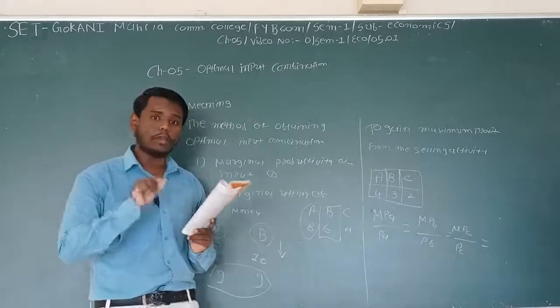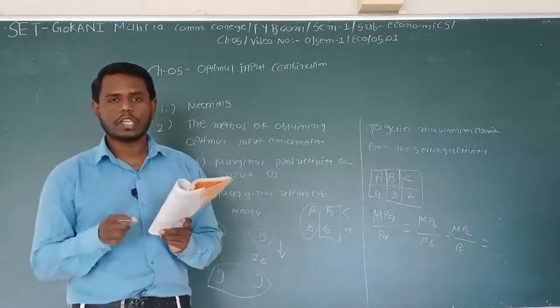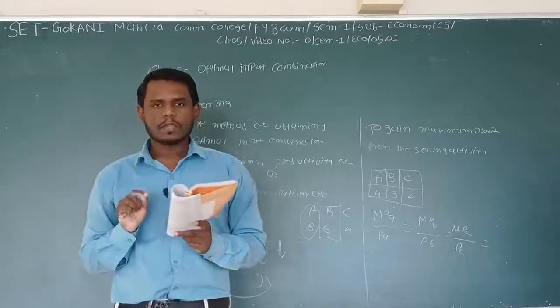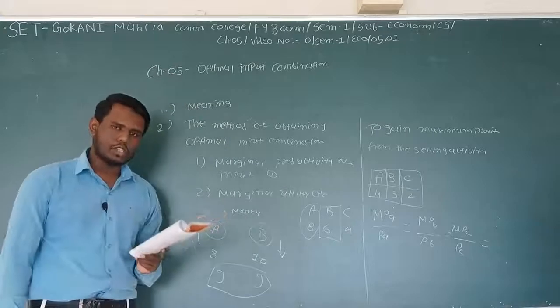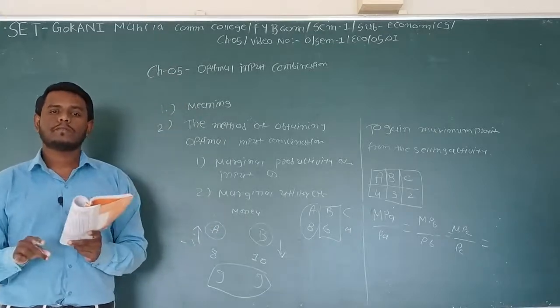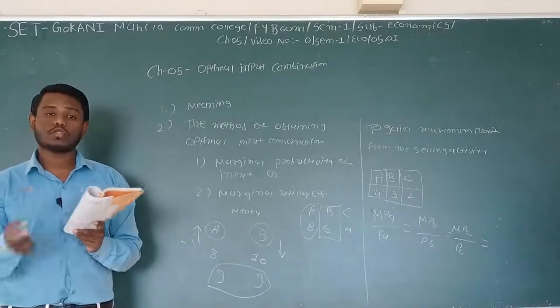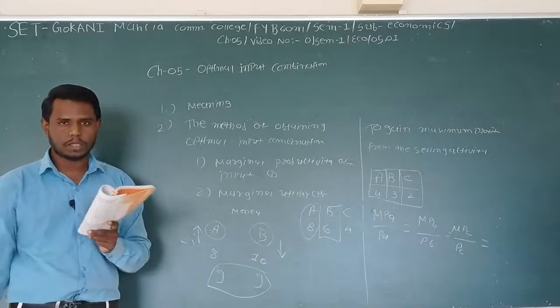This is not in favor of your business organization. So the third assumption of this theory is that there should not be a change in the price of the input combination.